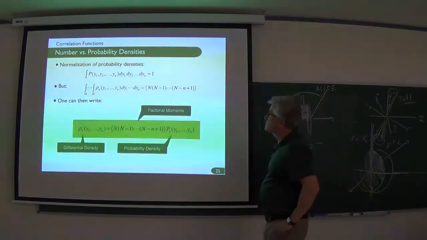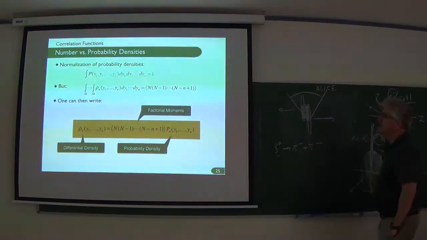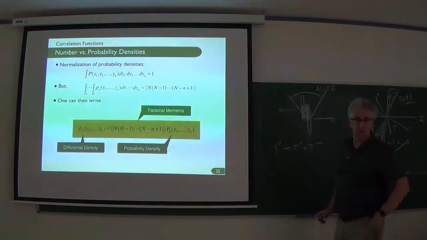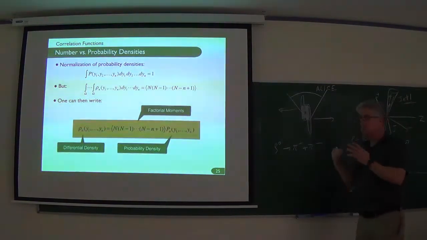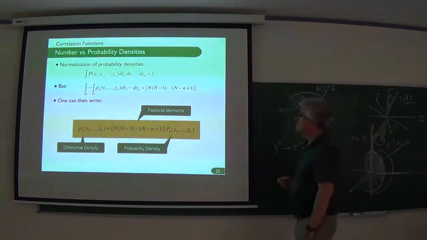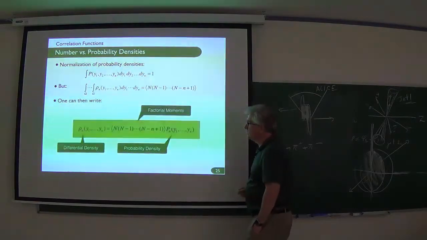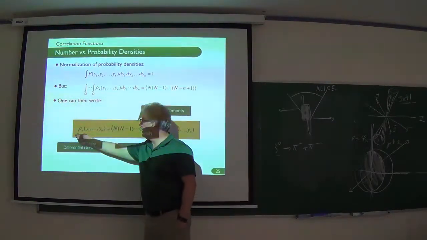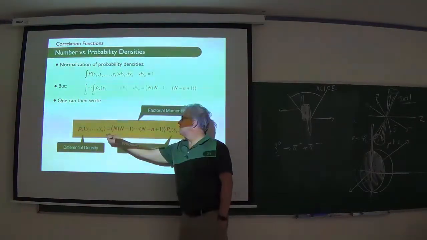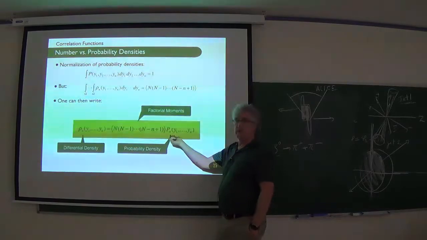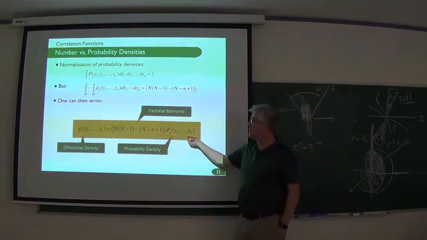For convenience, as an aside, I can think of these densities in terms of multiplicity on the one hand and the distribution through space on the other hand. And so I can always factorize the n particle density in terms of the n factorial moment and a probability density in n-dimension space, or 3n dimension space.